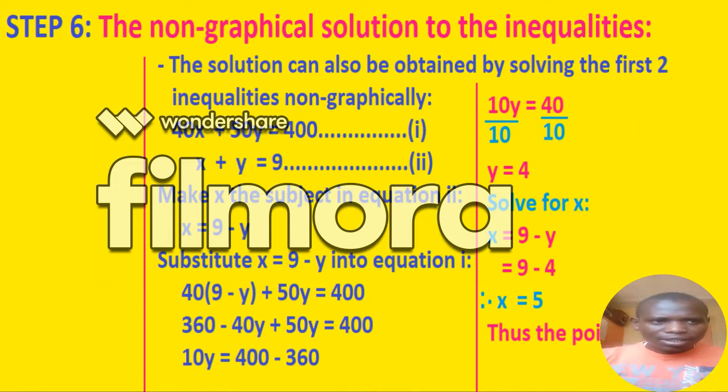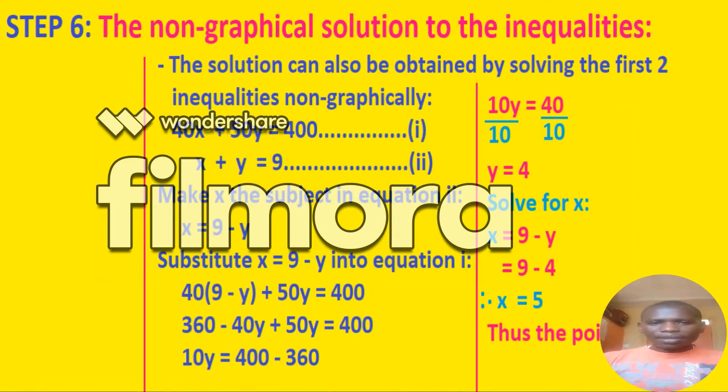Now in step 6, we are going to use the non-graphical method to solve the inequalities. The solution can be obtained by solving the first two equations non-graphically. The first equation, 40x plus 50y equals 400.